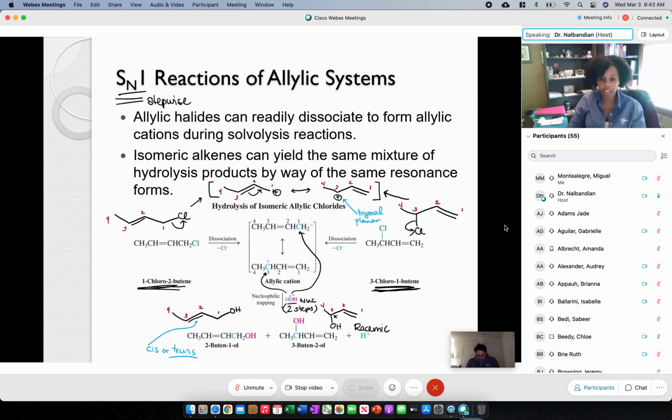For this, the major product is actually going to be this product, because we're going through a more stable carbocation, because we went from a secondary carbocation instead of a primary. Questions on that?